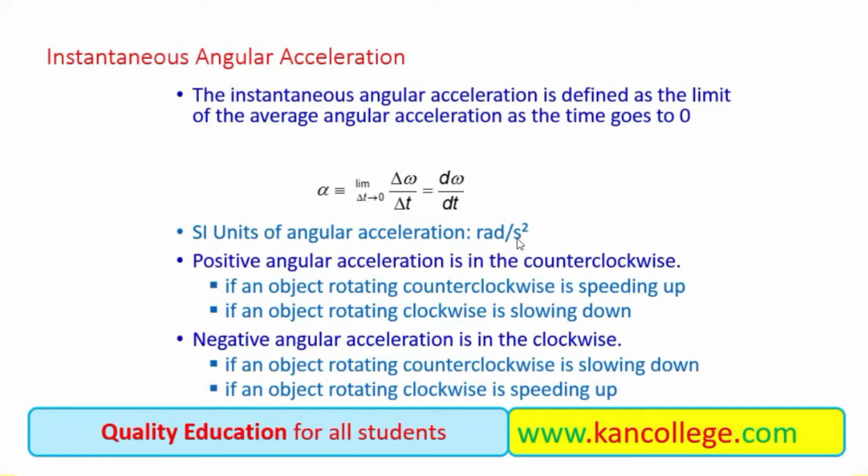The SI unit of angular acceleration is radian per second squared. Positive angular acceleration is in the counterclockwise direction and negative angular acceleration is in the clockwise direction.